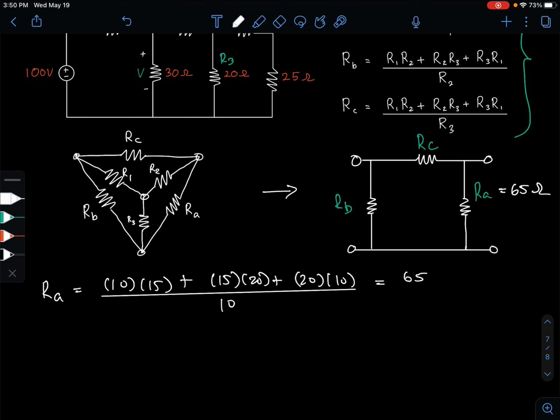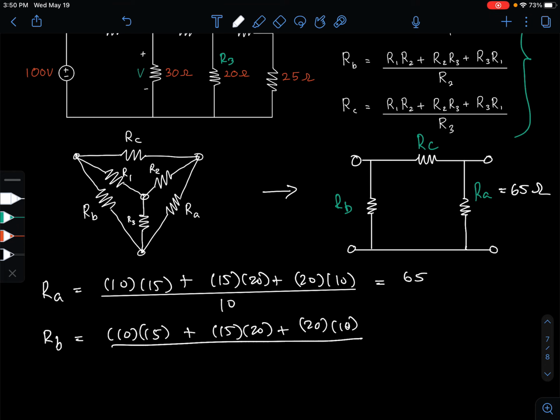If you want to find RB, it's done in a similar way, 10 times 15. You can notice that the numerator is the same across all of these equations, but this time it's divided by R2, which is 15. You'll find that the value comes out to be 43.3 recurring, and that is the value of RB.